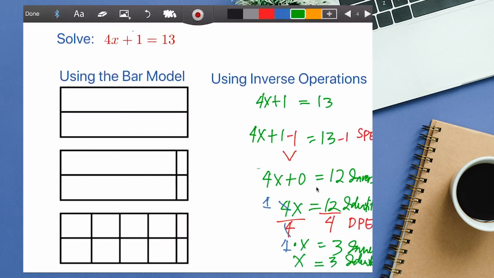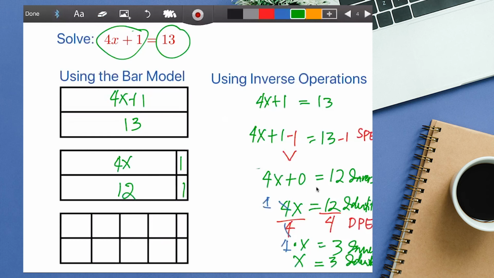Now, using the bar model, we represent the left side of the equation by 4x plus 1, and the right side of the equation will be represented by another bar. They are equal, so that means we have two equal rectangles here. Then we can break down 4x plus 1 into 4x and 1, and 13 can be decomposed as 1 and 12.